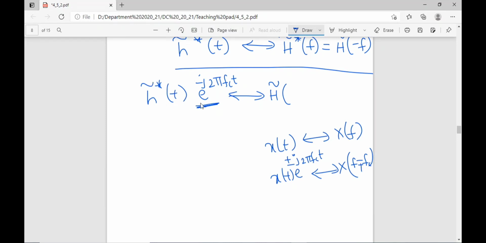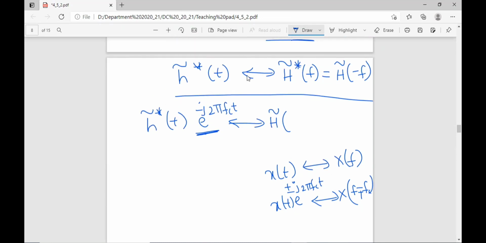H star tilde of t e power minus j 2 pi fct. Tell me, for this, the signal is getting multiplied with e power minus j 2 pi fct. So what will be the Fourier transform of that? In place of f, it should be f plus fc. Very good.